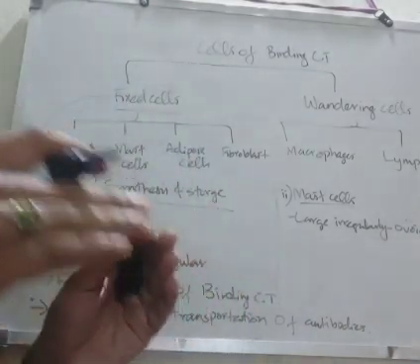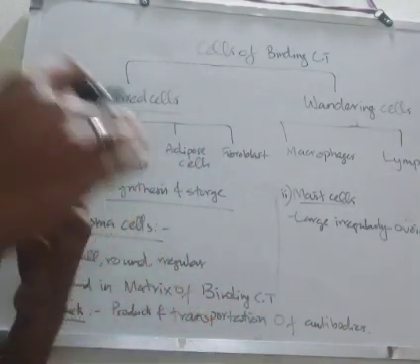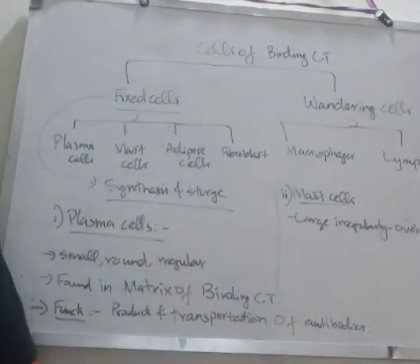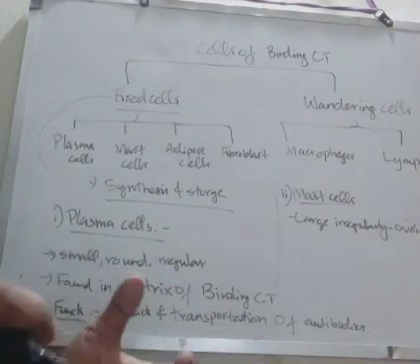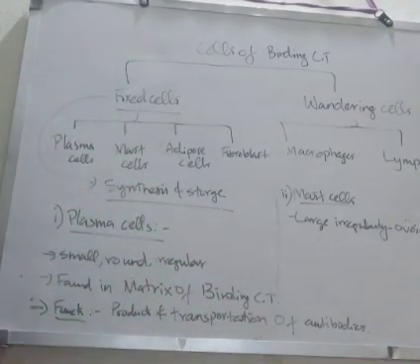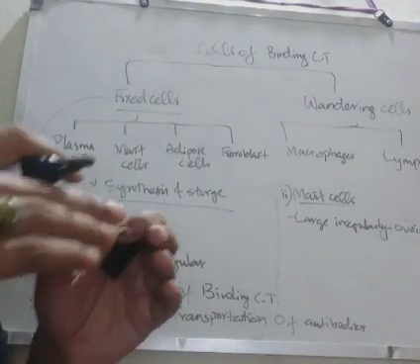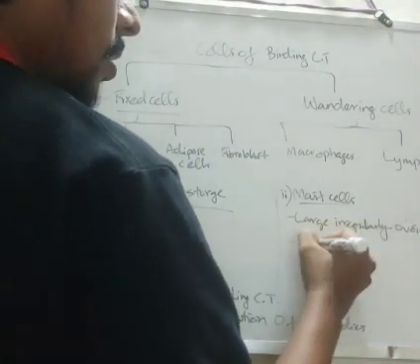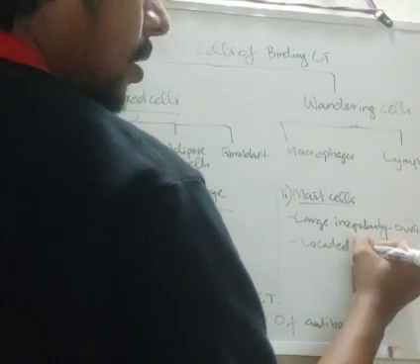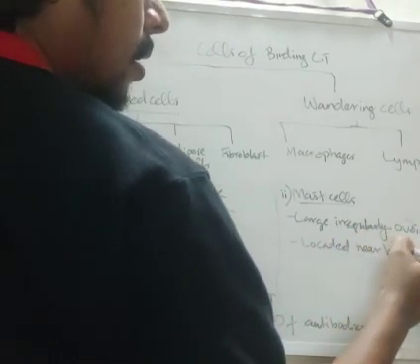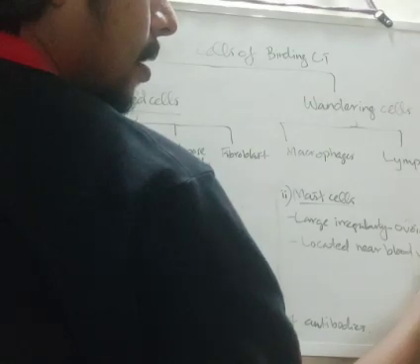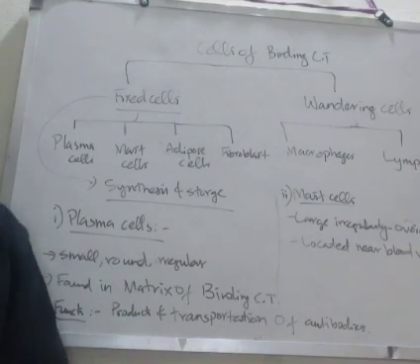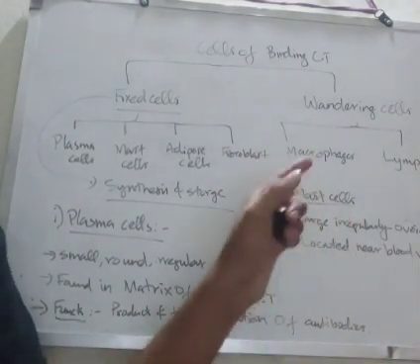And where can we see these mast cells? These mast cells are found in the binding connective tissue, and they are usually located near the blood vessels. So the location of mast cells is near blood vessels, and they store inflammation producing substances.